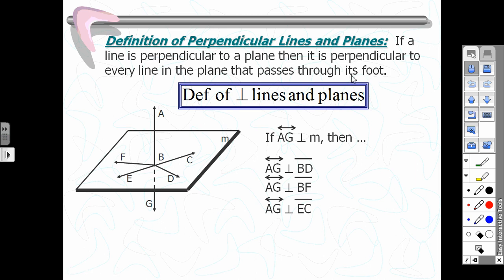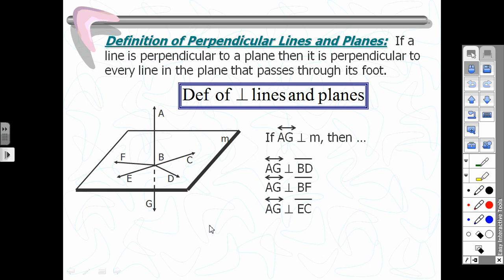I have a feeling that you don't want to have to prove that it's perpendicular to every single line, because there's actually an infinite number of lines that could potentially pass through point B. So they could go off this way and that way and all over the place. So that gets a little cumbersome. Nobody wants to do that.